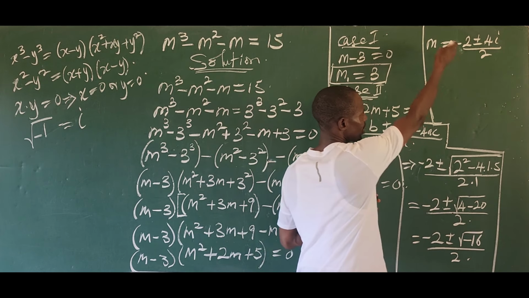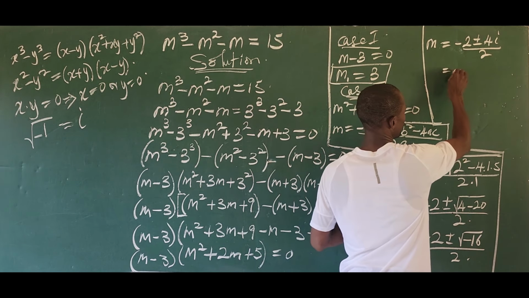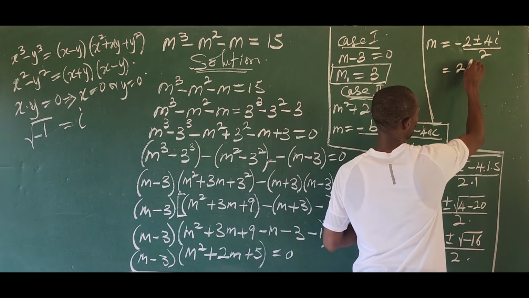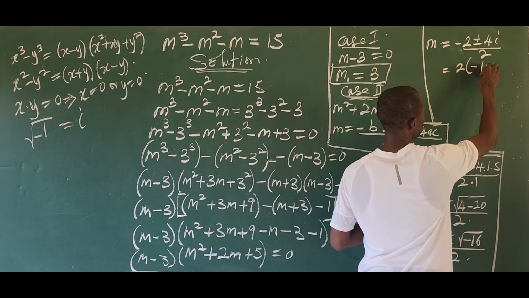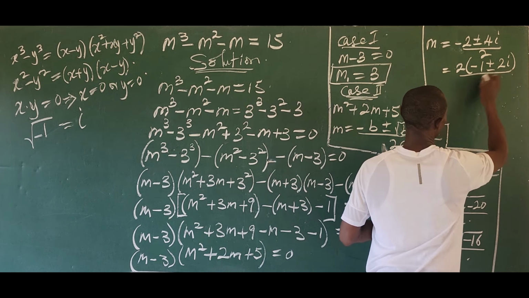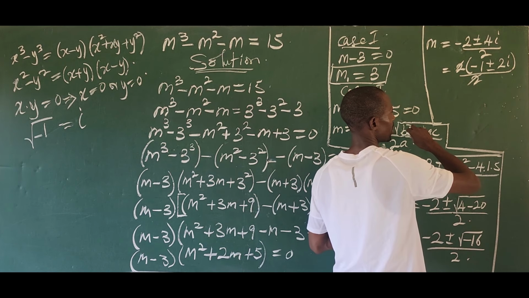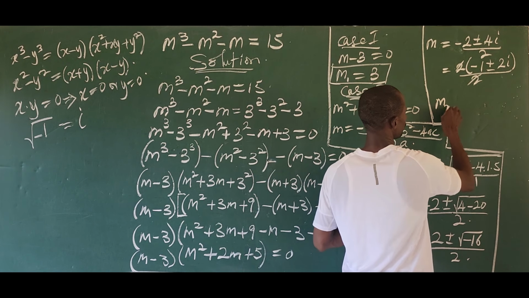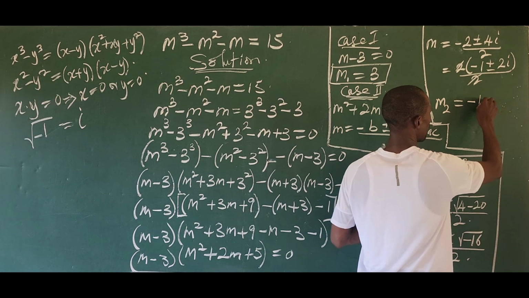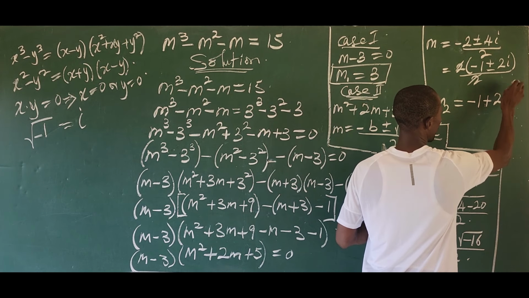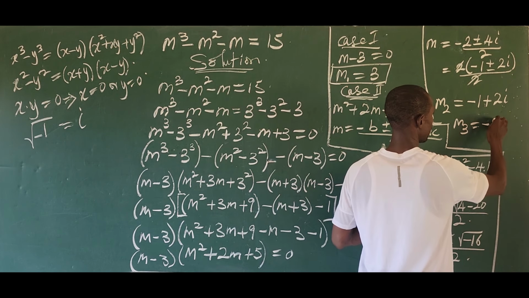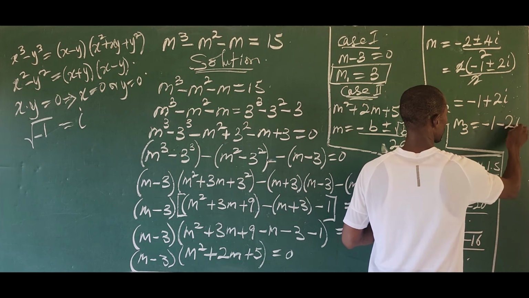If we factor out 2, then 2 into this gives us minus 1 plus or minus 2 iota. So we have m2 is equal to minus 1 plus 2 iota, and m3 is equal to minus 1 minus 2 iota.